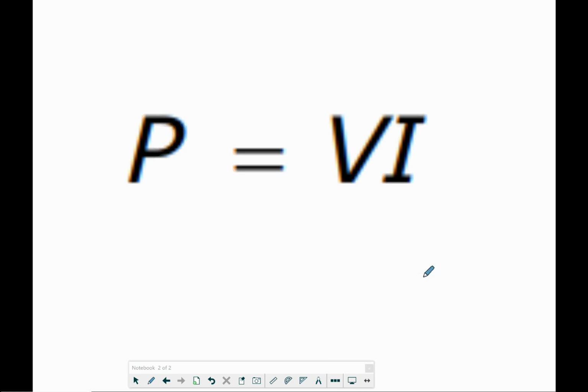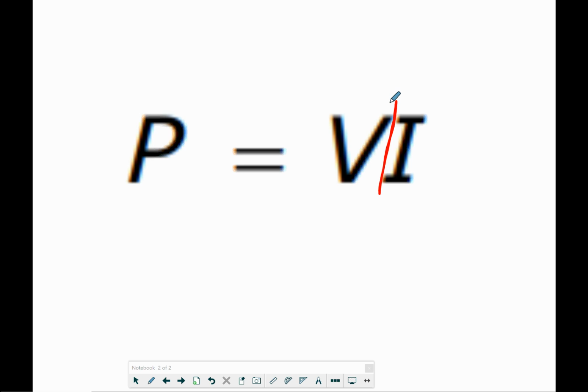So this one is at the bottom of your reference tables under electricity. PVI, power, volts, and current. So you don't really care what the letters mean for you right now. What you need to know is how to put these in the T's. Okay? So V and I are multiplied, so you're going to put a line between them.